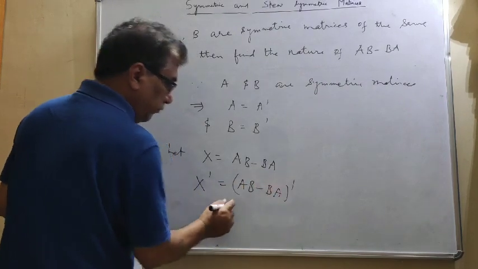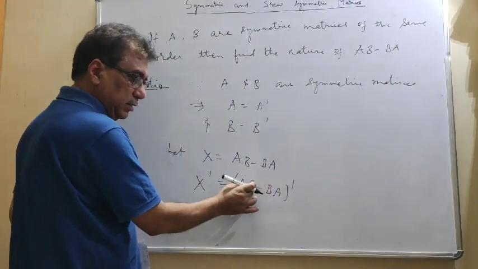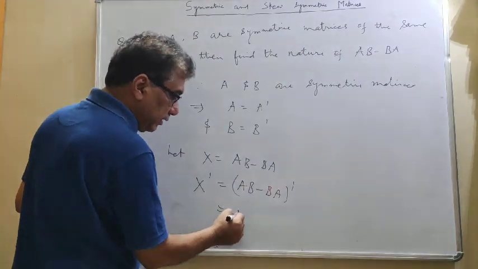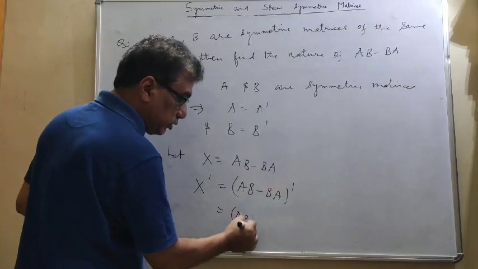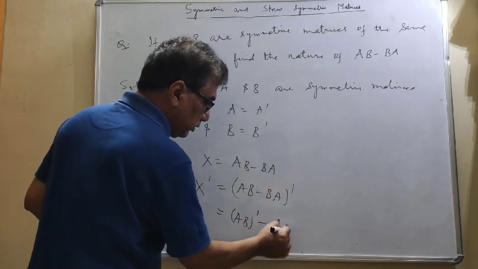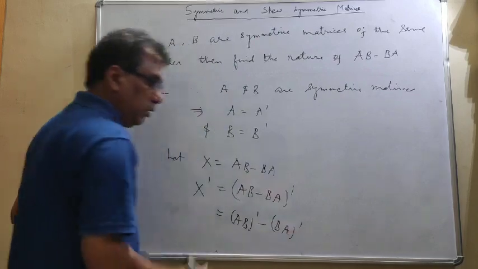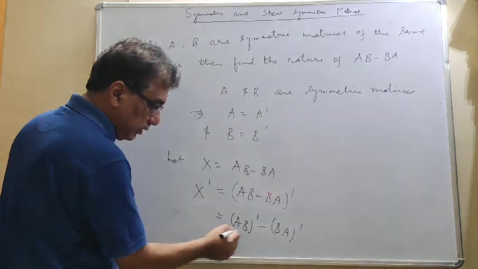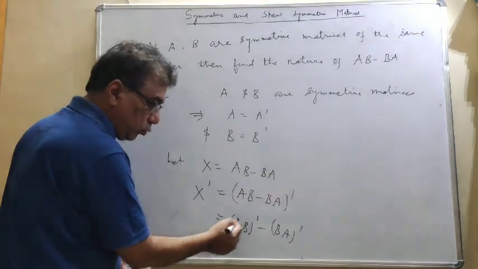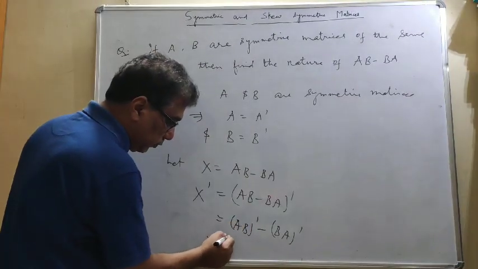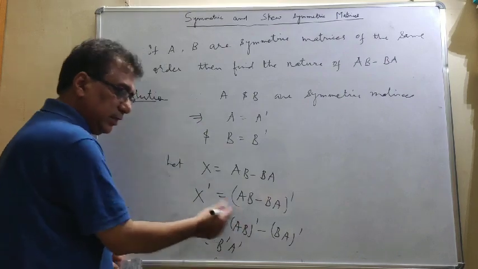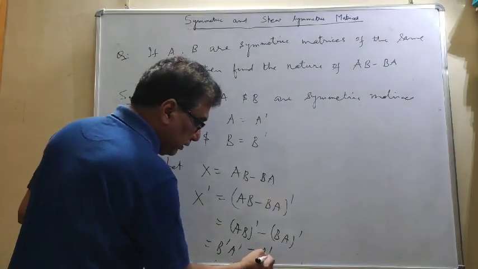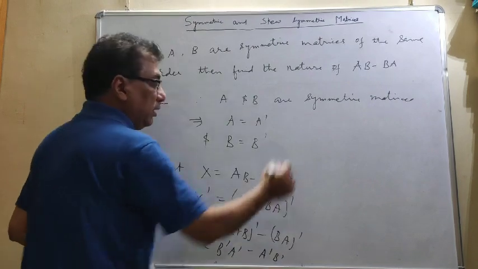First, this will work as a difference of two matrices, one is AB and another is BA, and therefore the transpose will be distributed on both. This is the law of subtraction of transposes. And then the rule of product: the transpose is written in reverse order, B dash A dash, and similarly in reverse order, A dash B dash.